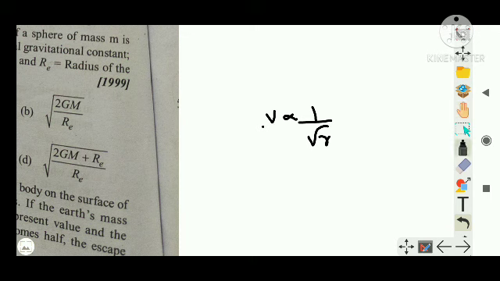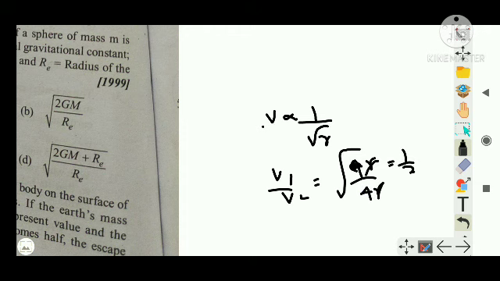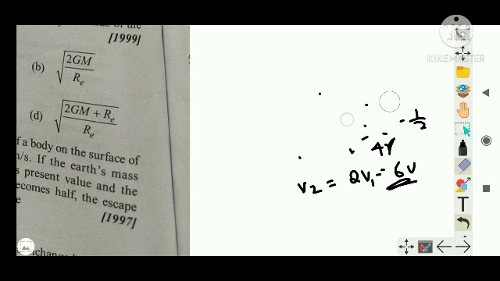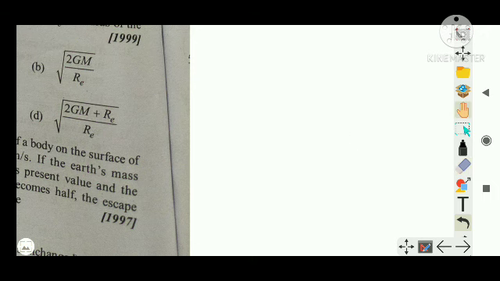Very easy. So v1 by v2 will be equal to root of r by 4r, which is 1 by 2. So v2 will be equal to 2v1, that is equal to 6, 2 into 3. So these are straight away question types, guys. It is very easy to solve these types of questions, so don't leave if you see questions from the gravitation chapter.